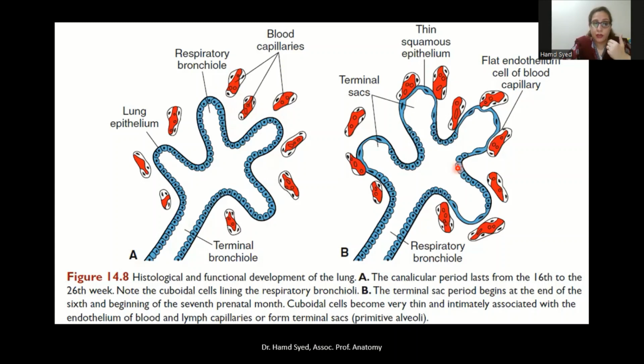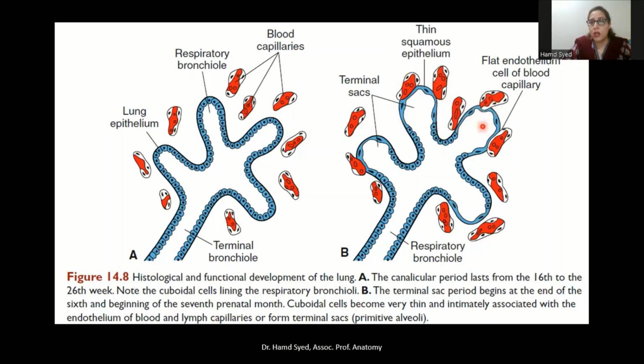Then if we look at the further stage, which is now the terminal sac period, when we talk about the end of the 6th and the beginning of the 7th month, this is the time period which would also need support, but the situation has definitely improved if you compare it with the canalicular period, because now the terminal sacs, that is, the alveoli, have made their appearance, and the alveoli have thin epithelial linings, and the capillaries have also established close contact or communication with these epithelial walls.